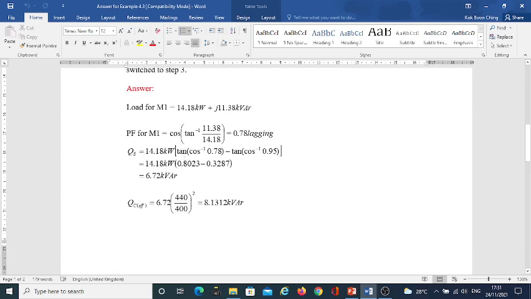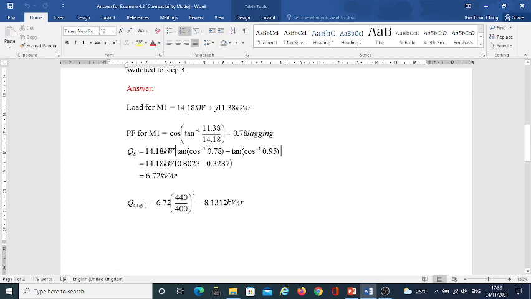What we require is 6.72 kVAR, so our system requires 6.72. And what about our capacitor? Our capacitor voltage is different: the capacitor voltage is 440 as compared to the system voltage of 400.